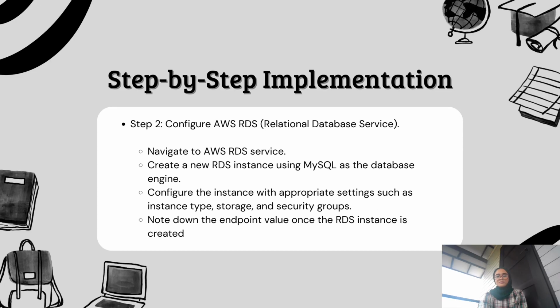Next, for step 2, to configure AWS RDS, I need to navigate to the AWS RDS service, create a new RDS instance using MySQL as the database engine, configure the instance with appropriate settings such as instance type, storage, and security groups, and note down the endpoint value once the RDS instance is created.